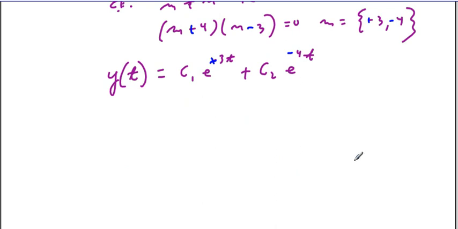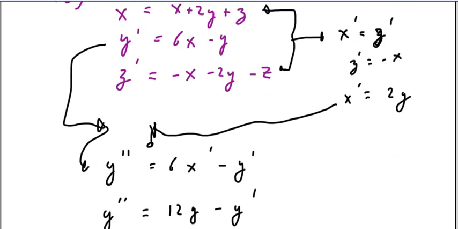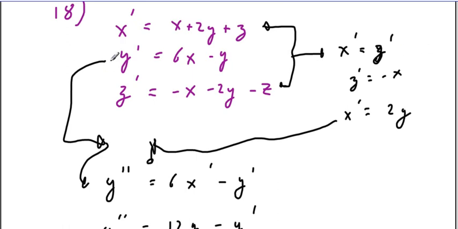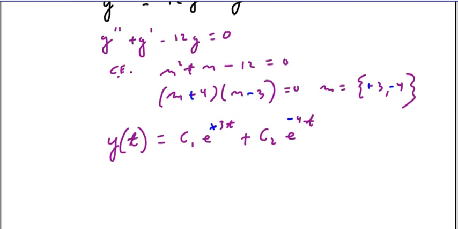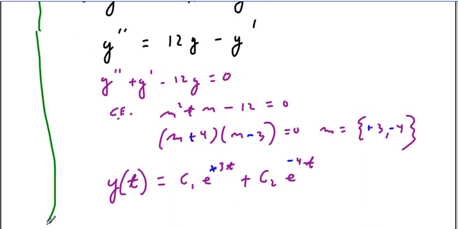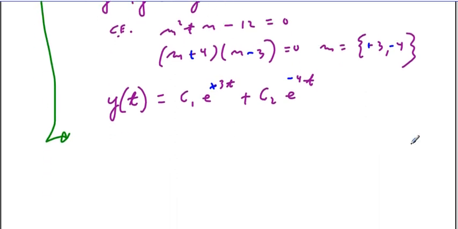Now we're going back. So now I know what y is. If I come back up, I'm going to bring the middle one down and rearrange it, and say that x is equal to y prime over 6 plus y over 6.